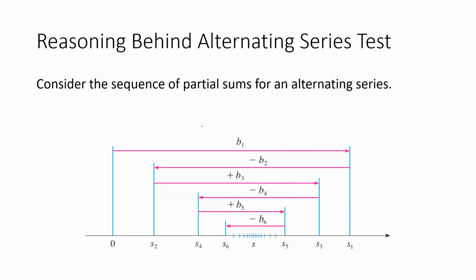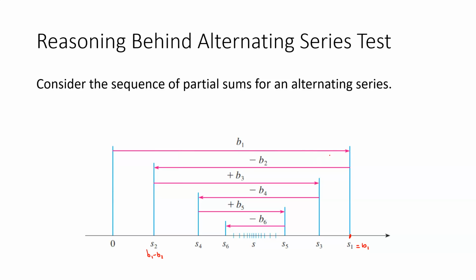The first partial sum, S1, would just be b1. Then I subtract b2, so I go to the left by b2, and that gives me S2, which is b1 minus b2.